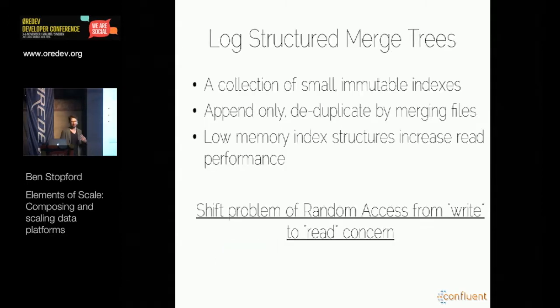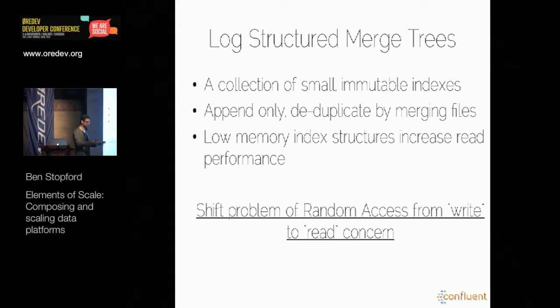So what we've invented here is a thing called a log-structured merge tree. This is the disk structure that backs the storage engine in most big data tools, so Cassandra, HBase, LevelDB, RocksDB, etc. In a log-structured merge tree, we have this collection of small indexes rather than one big overarching one, and we have an append-only structure.